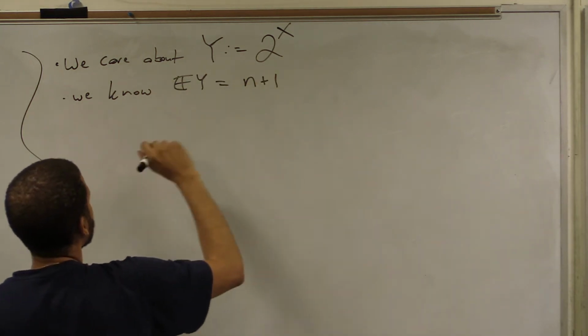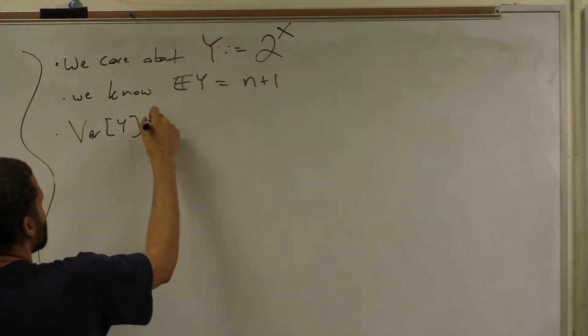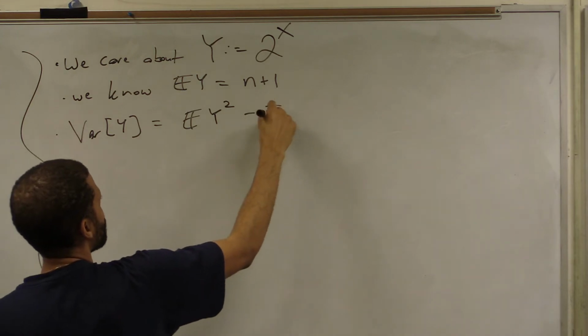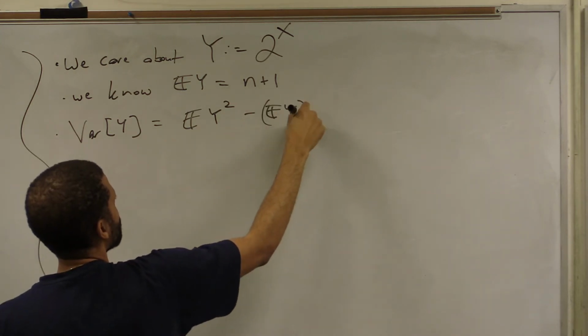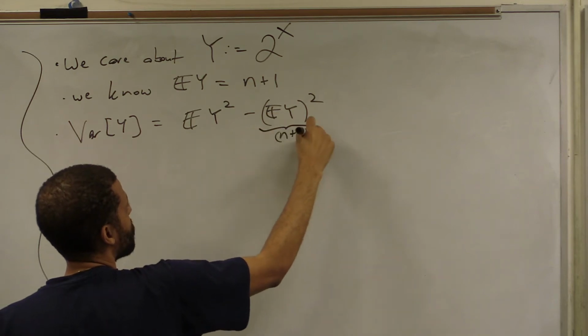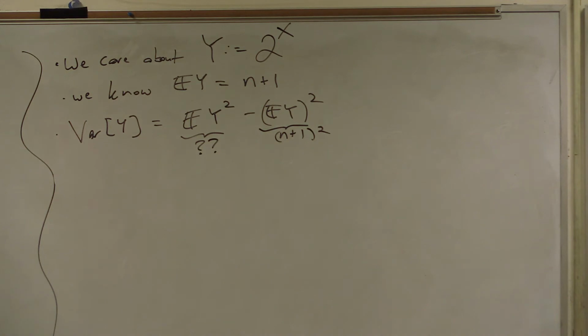It's n plus 1. The variance of y, by what's written there, is equal to the expectation of y squared minus the expectation of y, squared. This we know is n plus 1 squared. This we don't know, right? So that's the thing that we need to bound now.